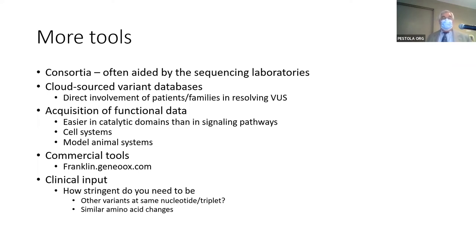Okay. The cloud has some advantages, and social media has some advantages because you get crowd-sourced variant databases. This family goes online on Facebook and says, my kid's got these features and they think it's got this, and you suddenly get something fired back from Sweden. Oh, my child's got the same thing. Boom, boom, boom. Pretty soon you go, it's not a variant of unclear significance.